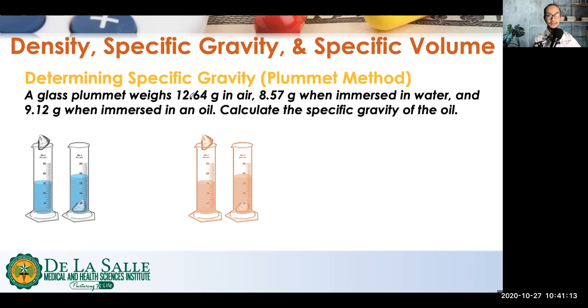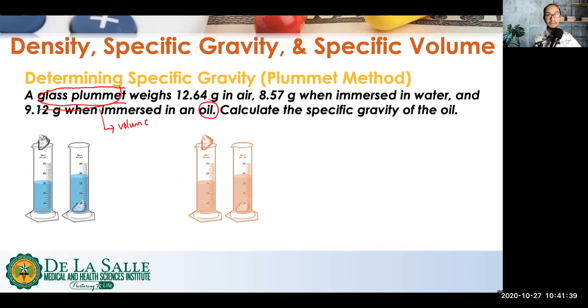Take note that instead of using a pyknometer, what we are using this time to determine the specific gravity of the oil is a glass plummet. Why a glass plummet? The glass plummet has a certain volume, and its volume will be the same wherever you place the plummet.